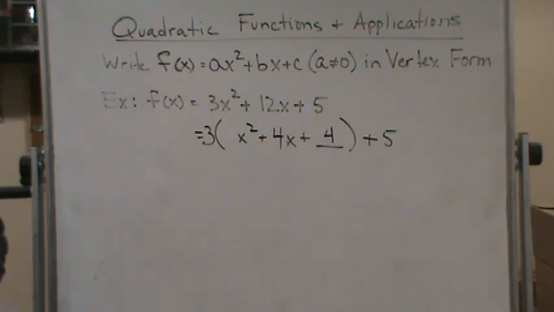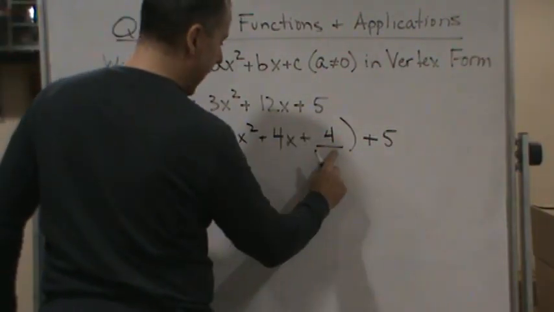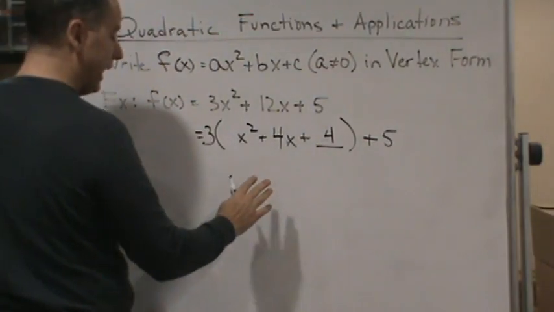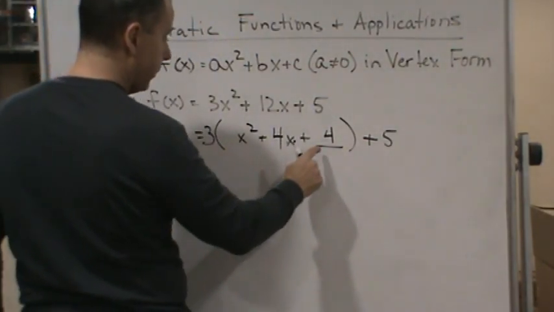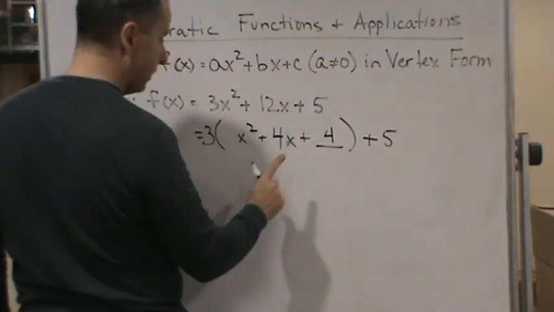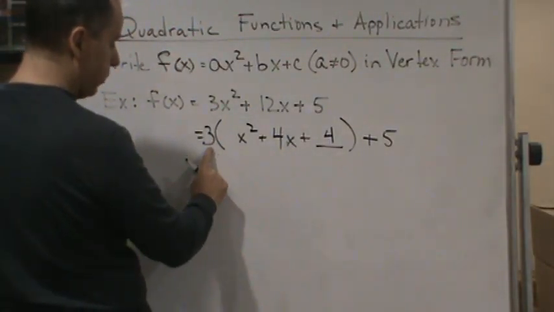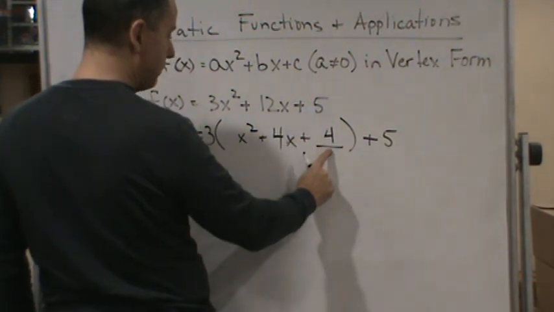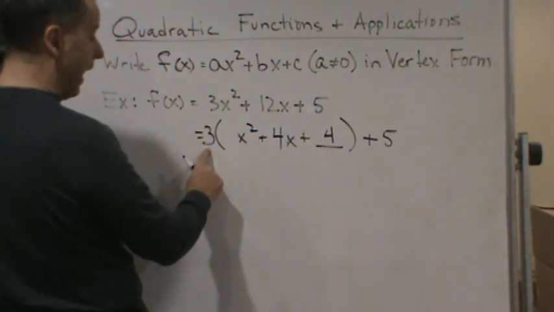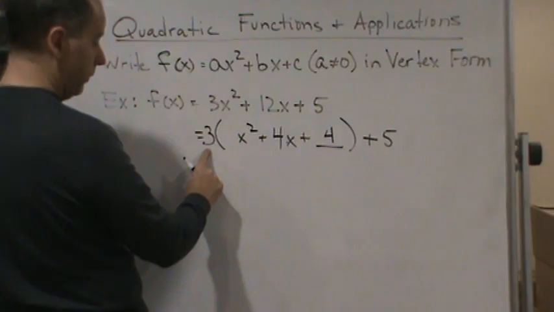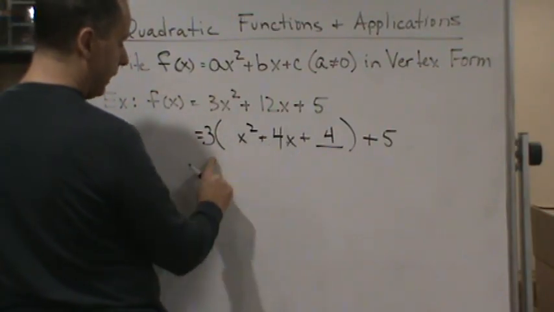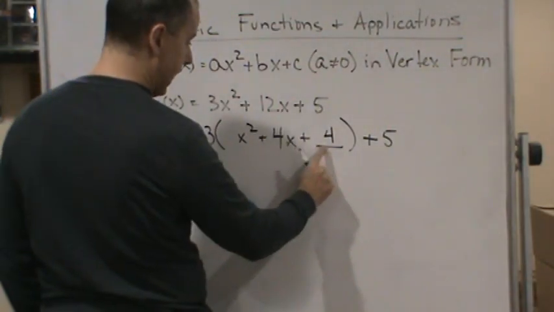So now, since I'm adding 4 here, remember I have to subtract the same amount. But remember, this is 3 times 4 because I still have this factor here. Okay, so you've got to be careful. This is 3 times this constant.